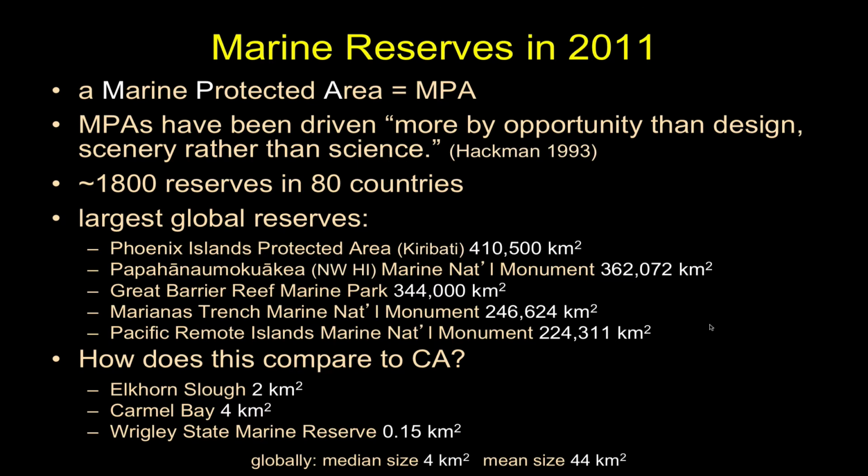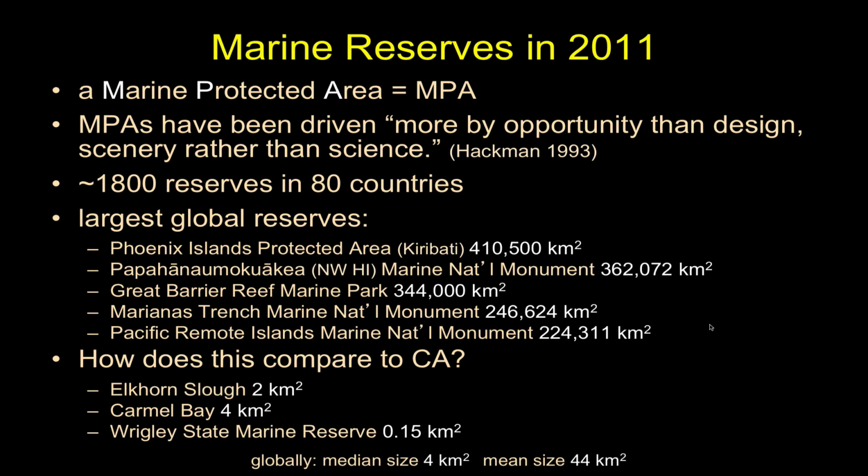So, for example, one year I was at a conference with a gentleman, and we were talking in a social context, and he was talking about this great reserve around Cape Canaveral in Florida.